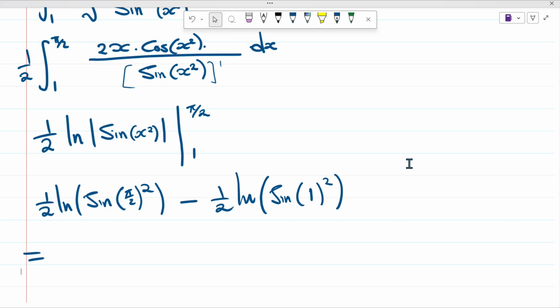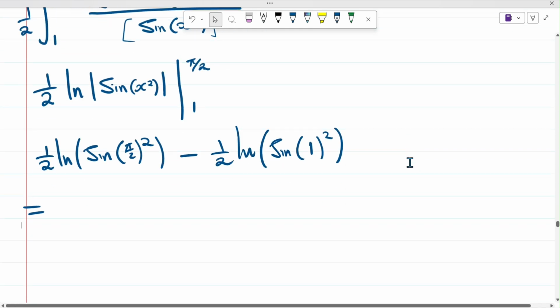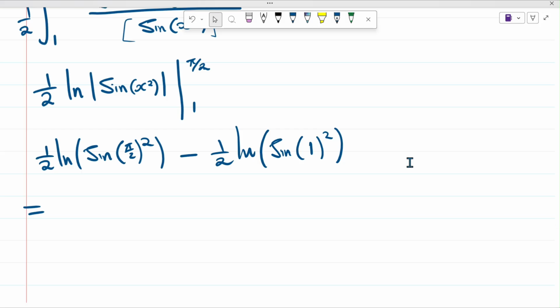So ln of that. All right, guys, I'm still punching on my calculator. Please be patient with me. Natural log pi over 2, 0.5. Oh, just a mistake. A punching mistake on the calculator.